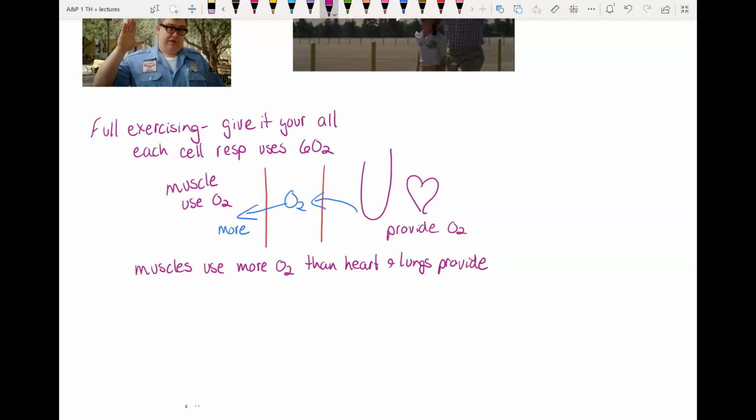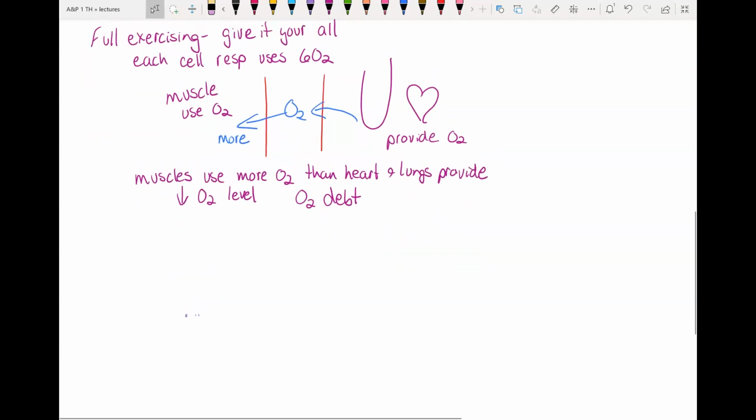The result of this is a decrease in your blood oxygen level, and you go into a state of oxygen debt. Once you're in oxygen debt, you can no longer supply oxygen to every cell. You have to start rationing.